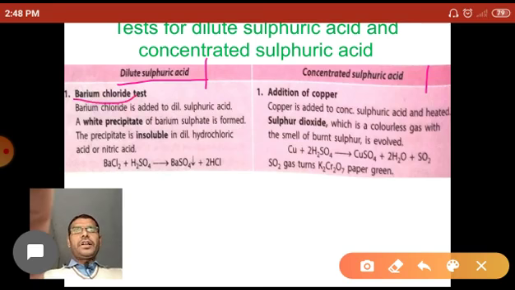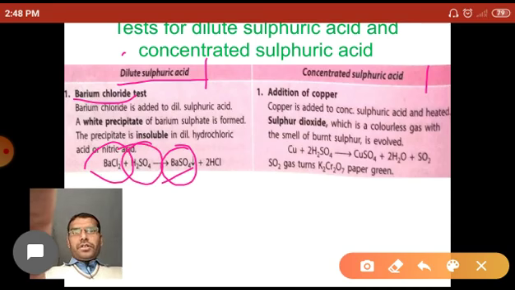First add the barium chloride into the dilute sulfuric acid, and a white precipitate of barium sulfate is formed, and the appearance of the white precipitate of barium sulfate indicates that the barium chloride was added into a dilute solution of sulfuric acid.